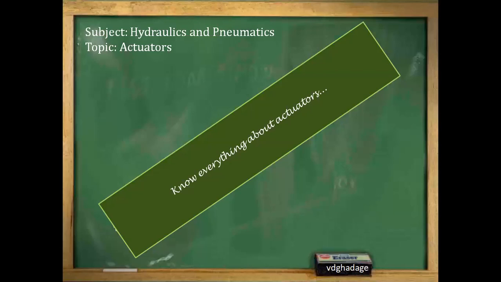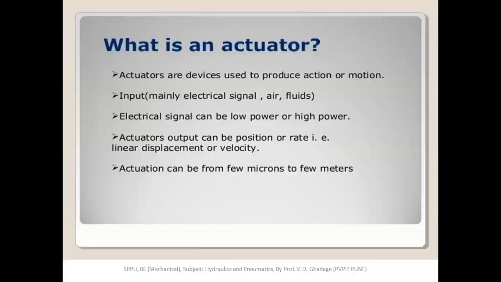So we are going to discuss actuators. What is an actuator? Actuators are devices used to produce action or motion. Input is mainly electrical signal, air, or fluid.